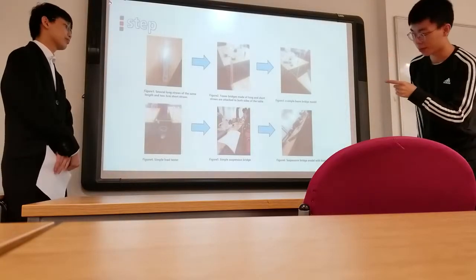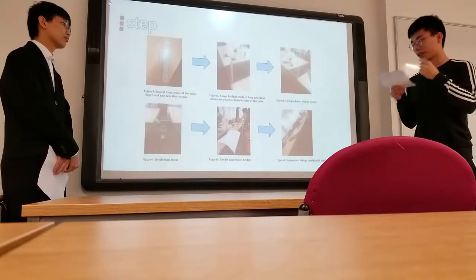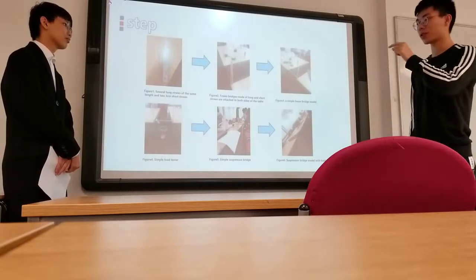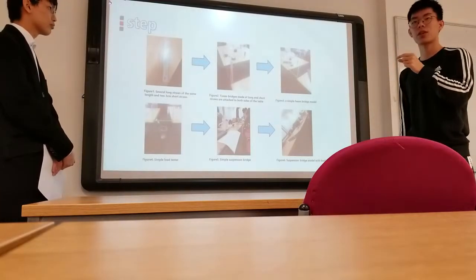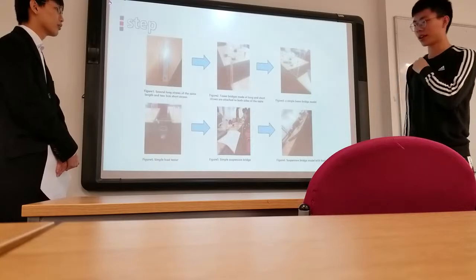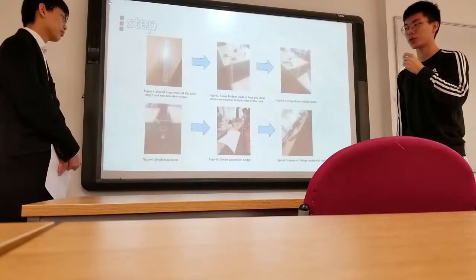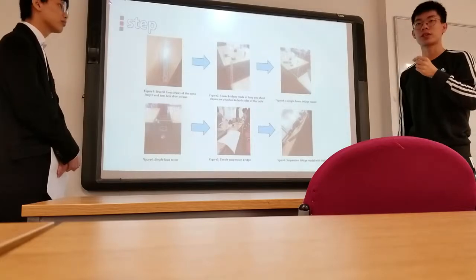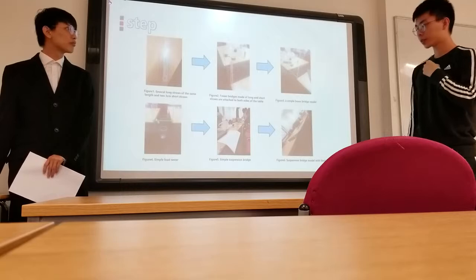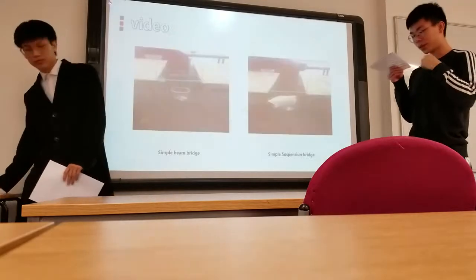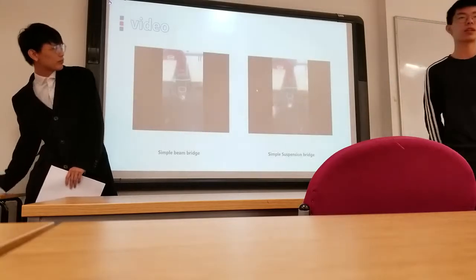Then we add coins into the cup until the bridge collapses. And then we use the electronic scale to weigh the coins, and we record the results in the book. And then we repeat the experimental steps at least 2 times.